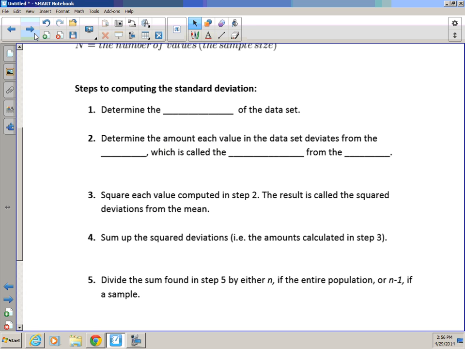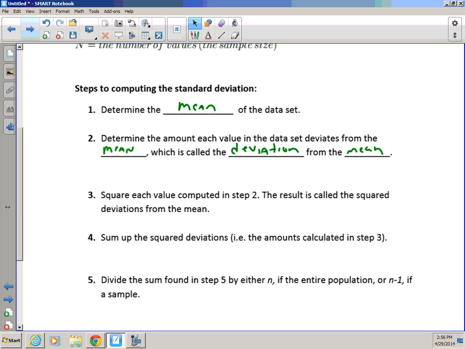The first thing you would do is determine the mean of the data set. Then you want to determine the amount each value in the data set deviates from the mean, which is called the deviation from the mean. How clever.